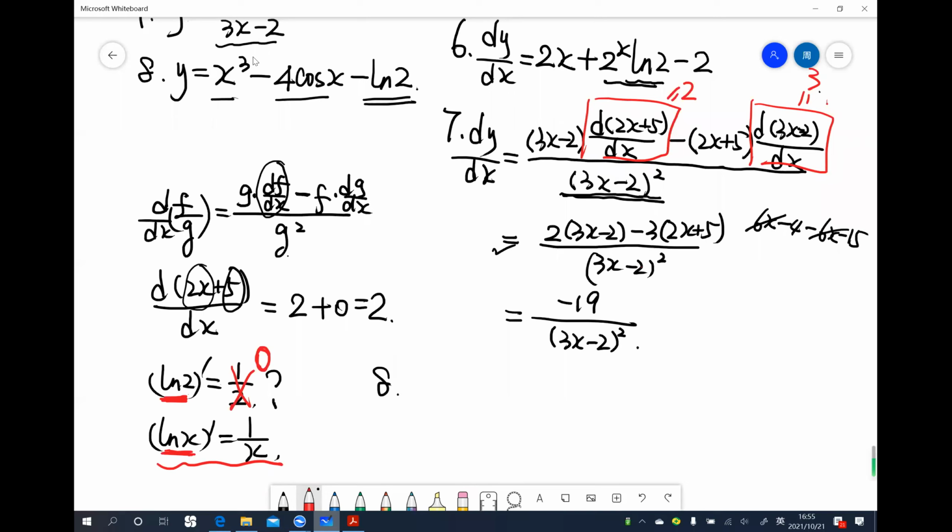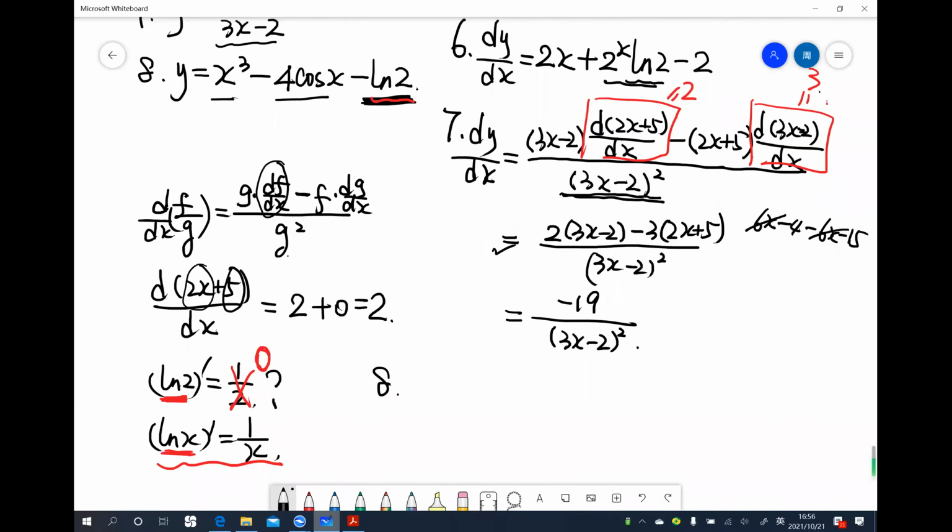So can you understand, guys? If here I write minus ln x, of course, the derivative you will write minus 1 by x, right? But if I write minus ln 2, it is a constant. So you cannot use the formula. Just write 0 here and we can ignore it. So here you should pay attention to this part.